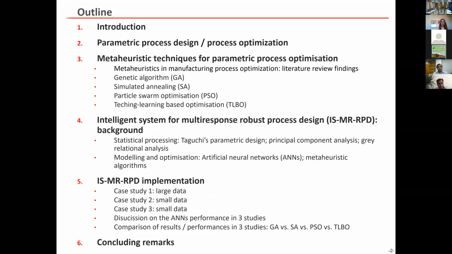I'll present some findings from the extensive literature review, and then I'll show the methodology that I have developed to deal with this issue. Then I'll show you results of 3 case studies and conclusions based on these applications.